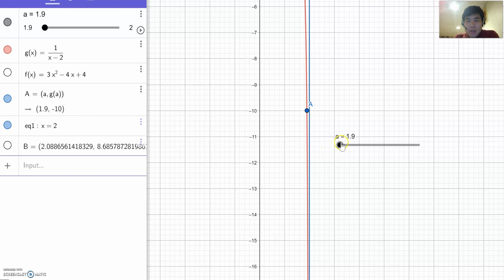Whenever I move closer to 2 here, so far it becomes 1.911, and then I can go a little bit more dramatically. Then what happened? Look at the y value, it's getting much smaller. If I get really close to 2 here, you see it's already negative 99.999. I go a little further, and this time it's already negative 166.